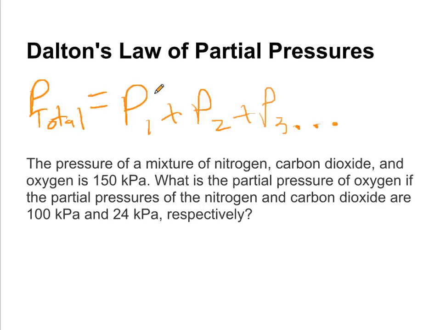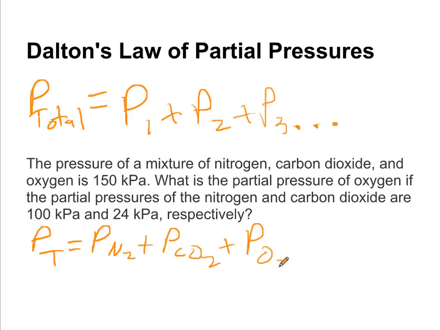The pressure of a mixed nitrogen, carbon dioxide, and oxygen container is 150 kilopascals. What is the partial pressure of oxygen if the pressures of the nitrogen and carbon dioxide are 124 kilopascals combined? Well, our total pressure, they told us, is 150. So the total pressure is going to be equal to the pressure of the nitrogen plus the pressure of the carbon dioxide plus the pressure of the oxygen.